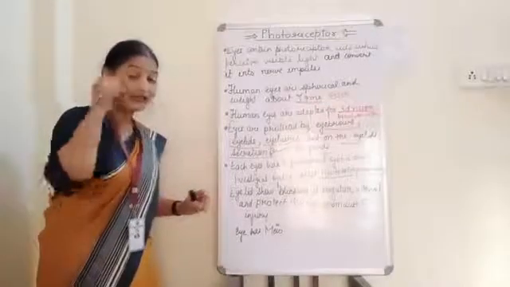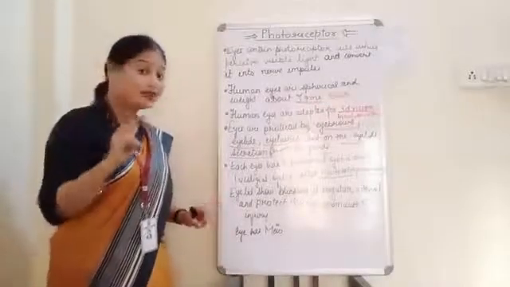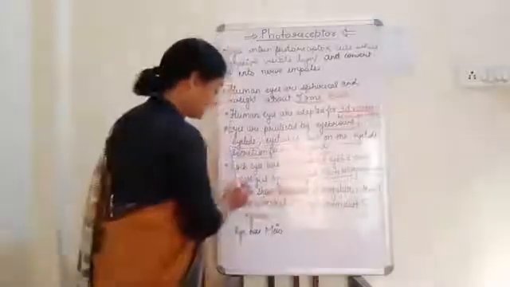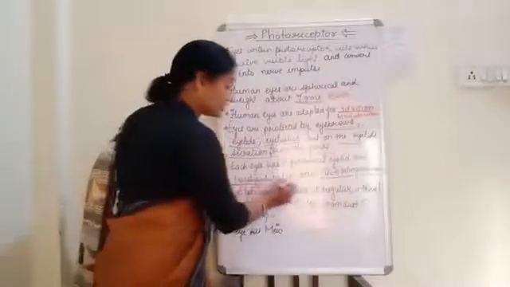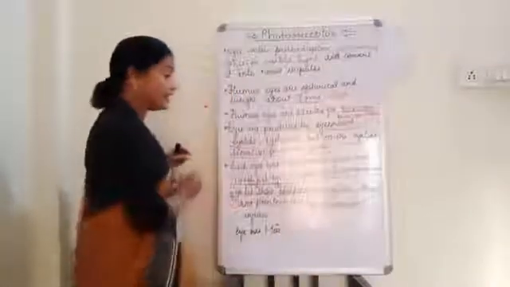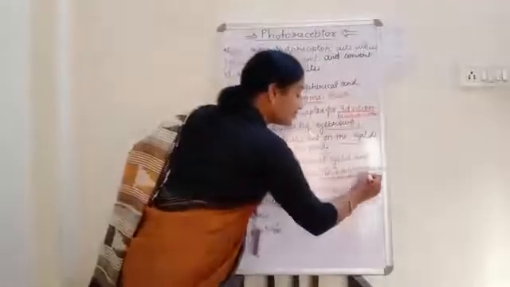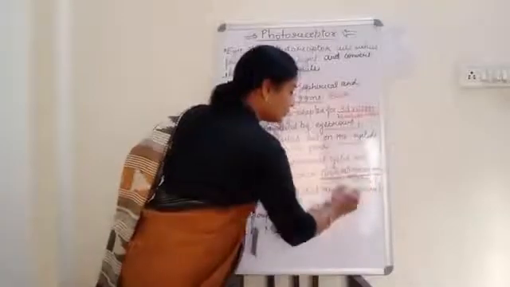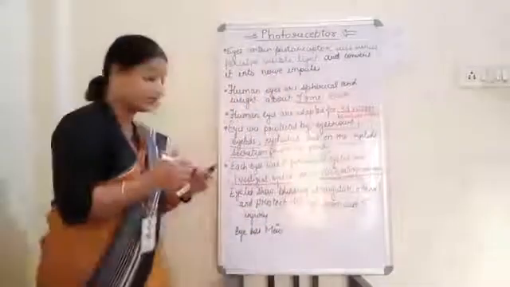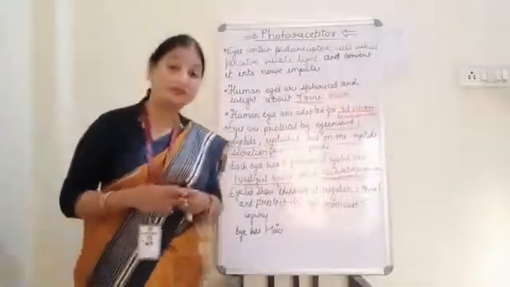Now you all can see 1 and 2 functional eyelids and 1 non-functional, that is vestigial eyelid, and this is called the nictitating membrane. Now see children, what is this nictitating membrane?